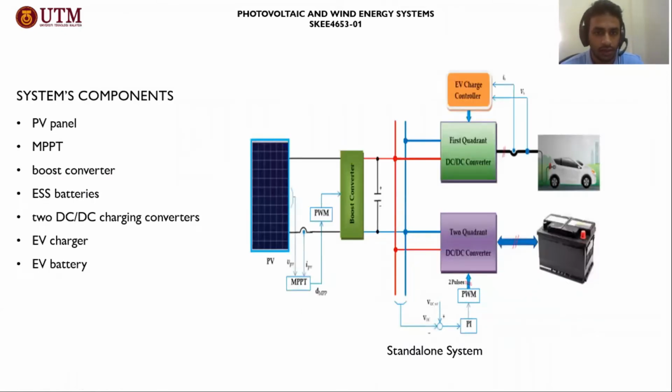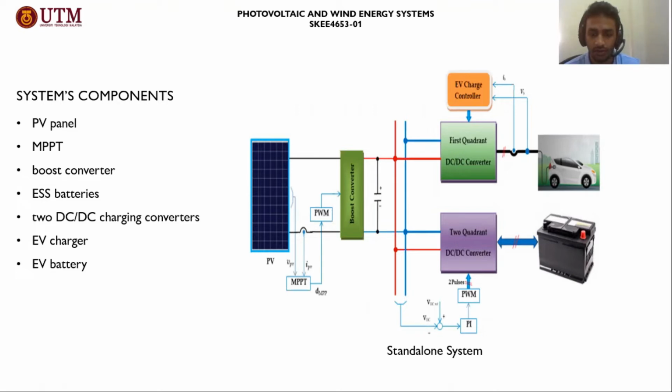So, the system that is connected to the solar vehicle is standalone. Basically, when talking about standalone, it means that the system is independent from the utility and uses a battery to compensate the load when the PV doesn't meet the required load.